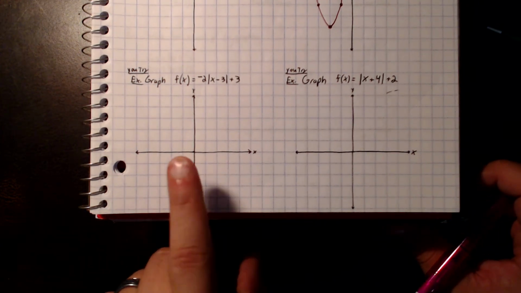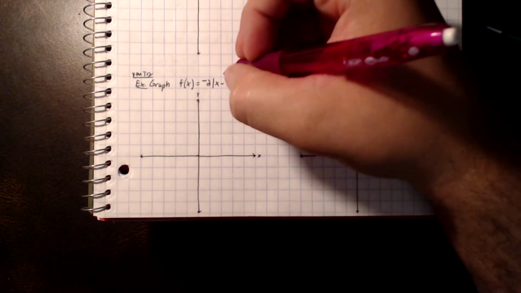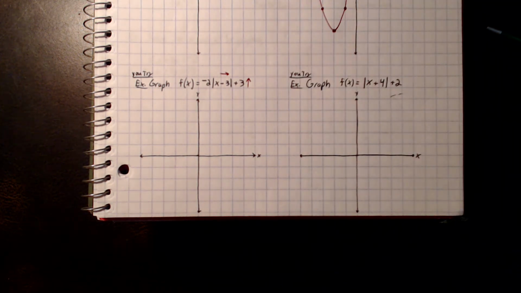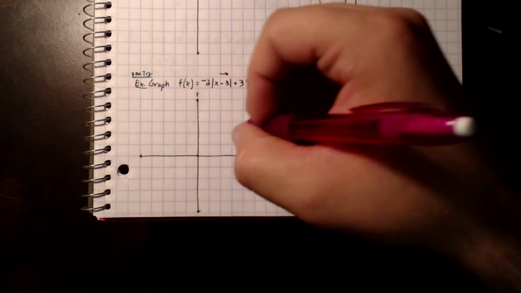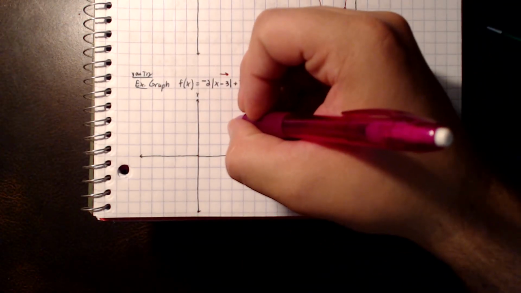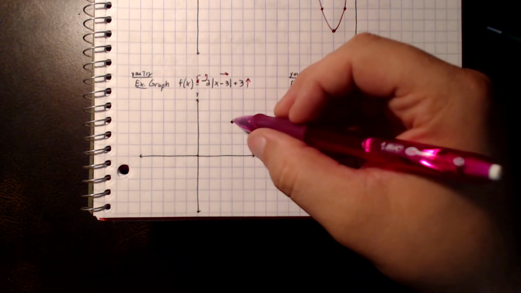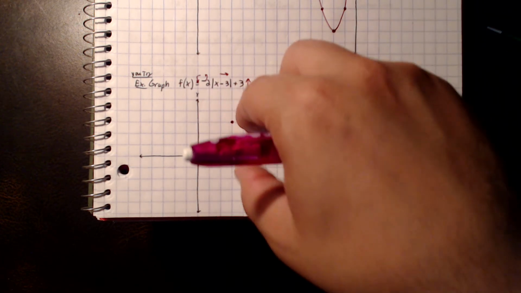This one is probably the toughest one on here, right? You have a right and up movement for your vertex. We're working with an absolute value, so it should be a V. So I'm going to move our vertex right here to 3, 3. But it's going to flip. So instead of going up, it's going to go down. And our height is going to stretch to be twice as tall.